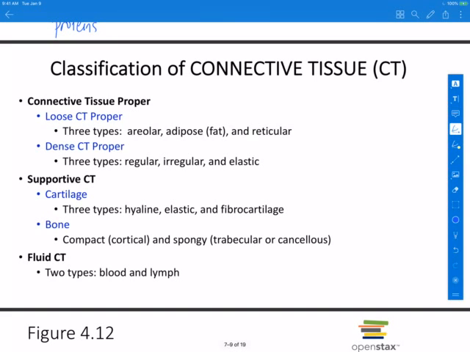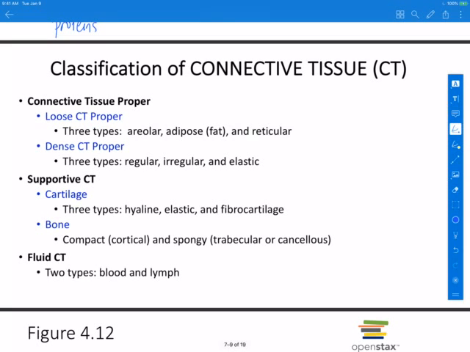And then bone, which has a calcified, rigid extracellular matrix. So instead of being gelatinous, it's hard. There are two types of bone: compact or cortical bone, and then the second type would be spongy bone, also known as trabecular or cancellous.